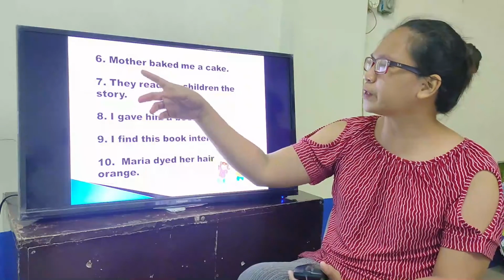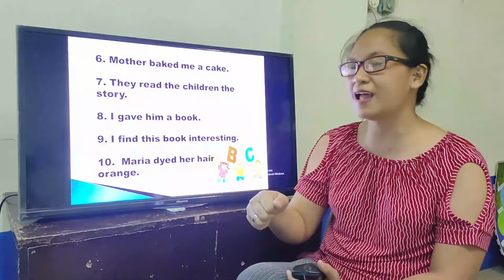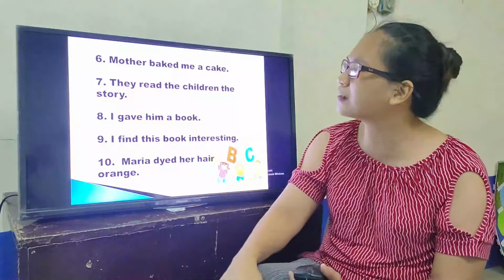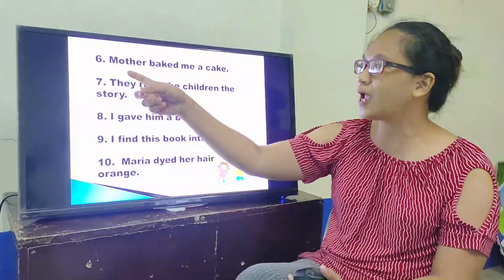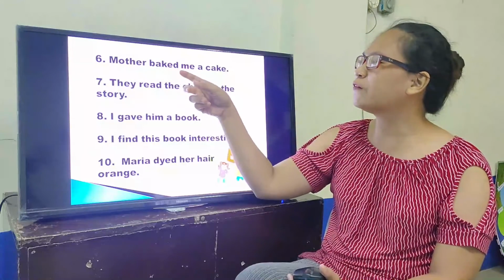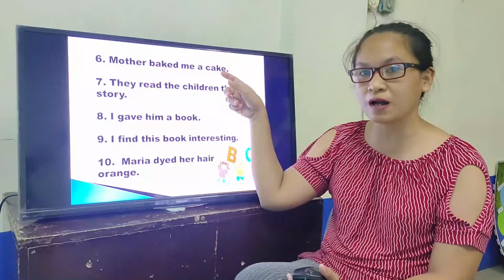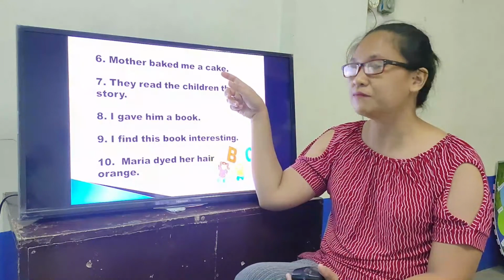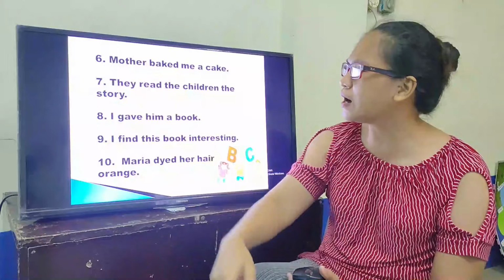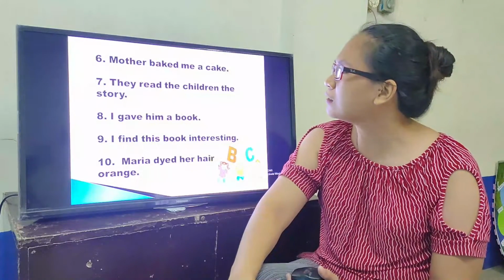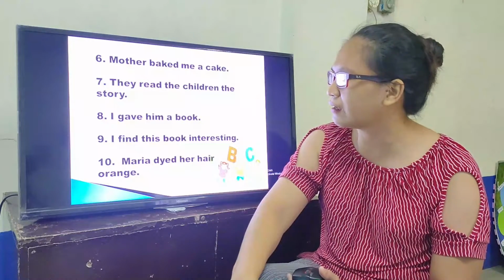All right, mother baked me a cake. Again, mother baked me a cake. Mother is the subject, baked is the verb, me is the direct object, and cake is what? It's a noun. What about this one? They read the children the story.